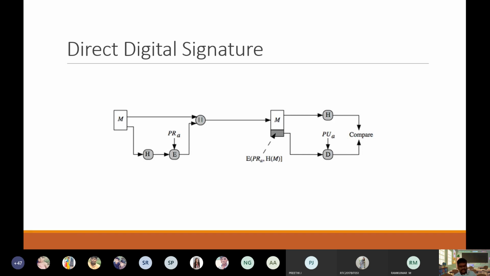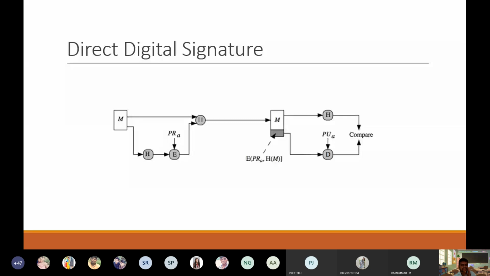Two processes there, like a hash function or a MAC function. Here also there are two processes. One is decryption of the hash value. Another one is another hash function being done on the receiver side. After decrypting the hash value received from the sender and computing the hash, both values will be compared.